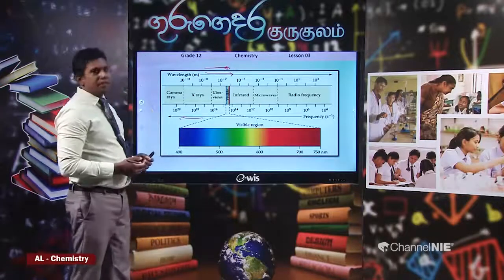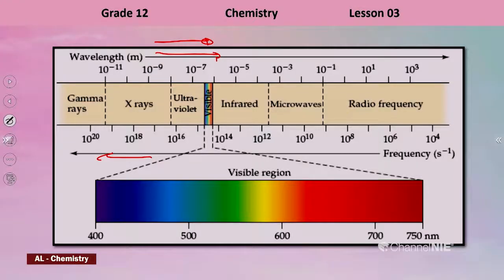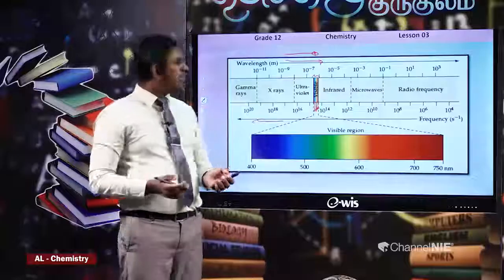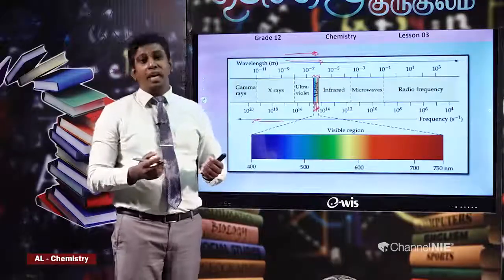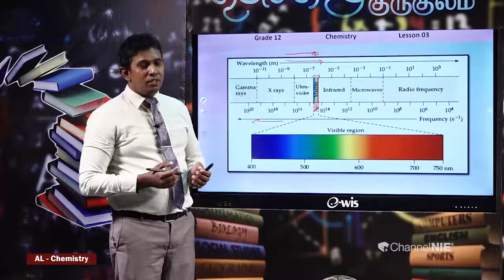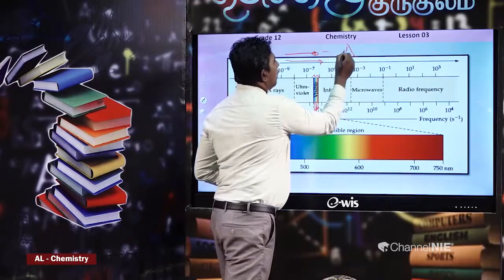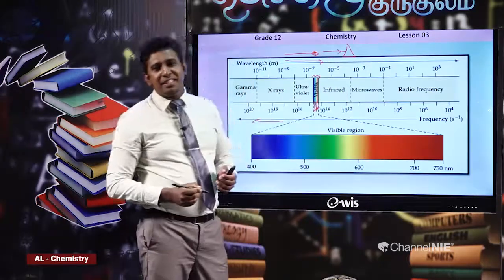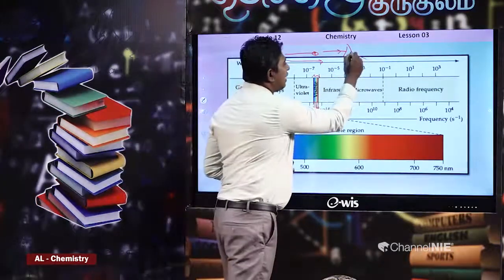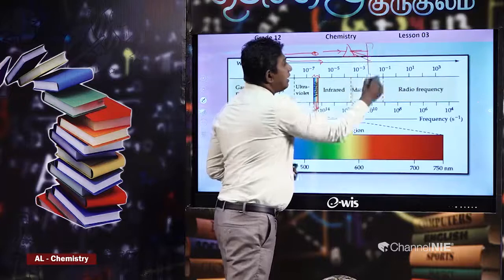Then students, you have here white light being differentiated into its component colors. It was first done by Sir Isaac Newton, passing white light through a prism. It was a glass prism he used. Passing that white light through, he differentiated it into basically 7 colors.